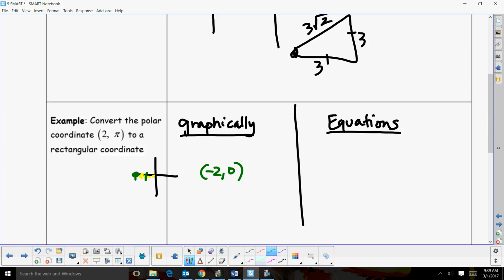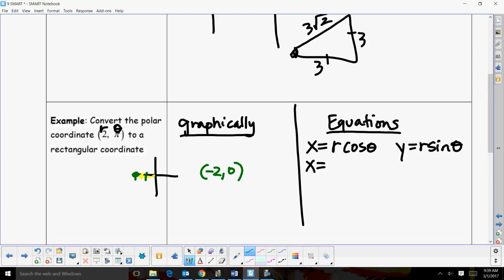If I did my equations, then I have to go to where x equals r cosine theta and y equals r sine theta. And then I plug in my r and my theta into cosine and sine.